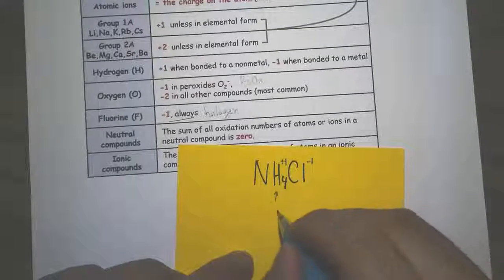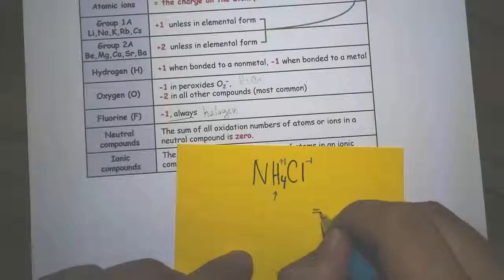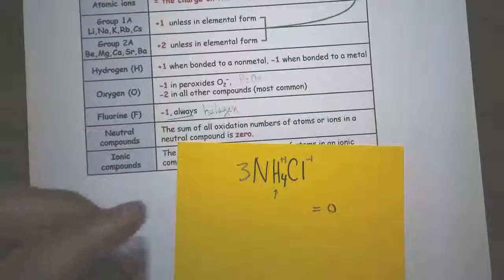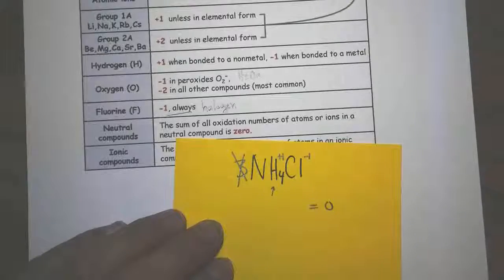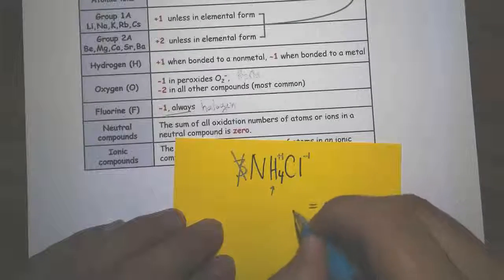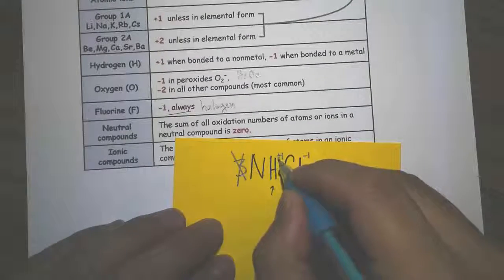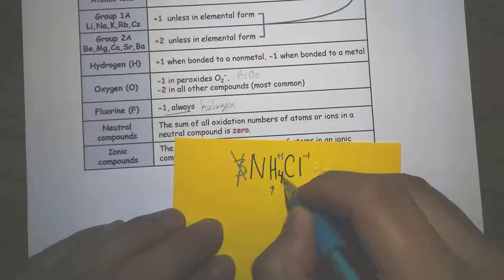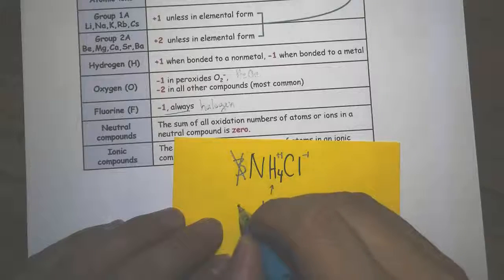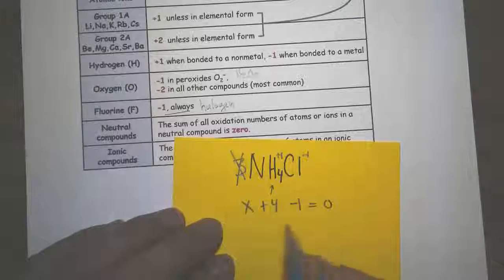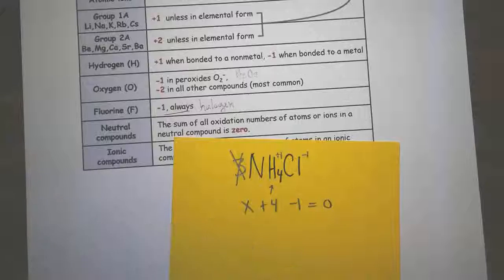So if that's -1, let's go back and do the math. The totals add up to 0. Now what if I put a coefficient here like 3? Do we care about that 3 at all? No, because we're looking at individual atoms. So we have -1 for chlorine and +1 for hydrogen, but we have 4 of it, so that's +4, and we don't know anything about nitrogen, so it's going to be X. To represent a variable, it has to be plus X, so we can solve out the negative later.